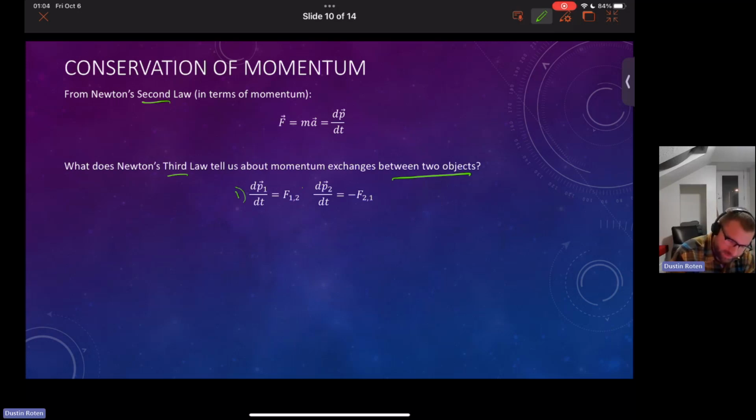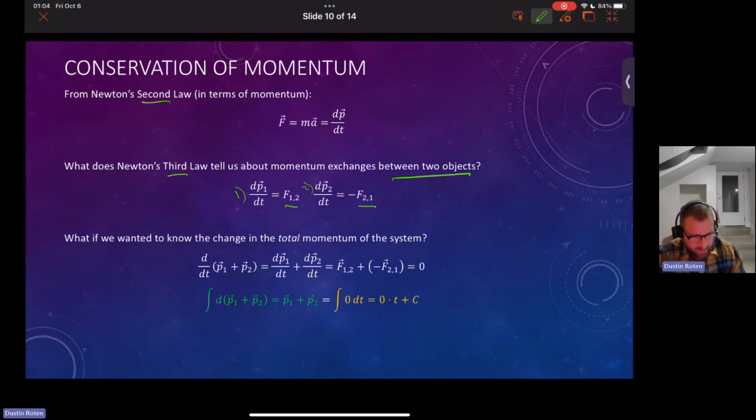Okay, but then we also have object 2, which is going to act on object 1. So we have 1 on 2. We know that the reaction to this action is going to be negative, so it's going to be negative 2 on 1. Okay, well, that's all well and good. We have these two definitions of momentum 1, momentum 2.